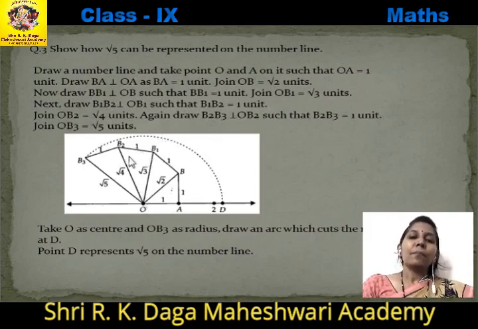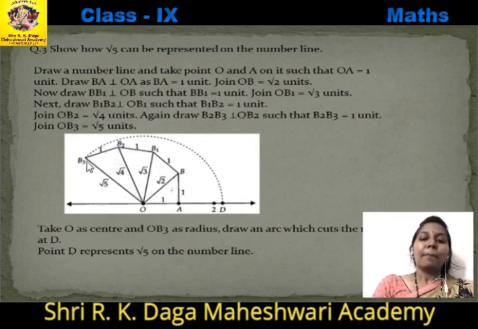Join OB2. Again this OB1B2 is a right angle triangle. So according to Pythagoras theorem, this OB2, that is the hypotenuse, is equal to under root 4 unit.